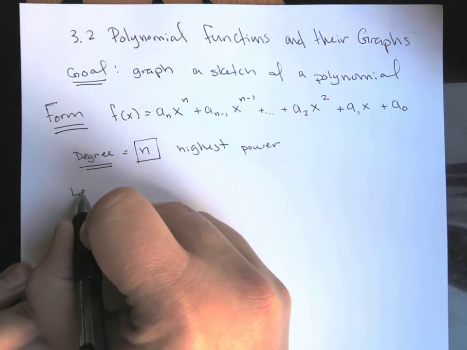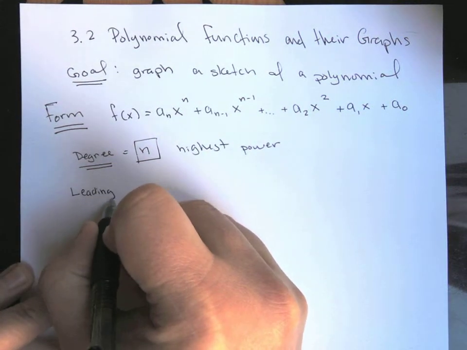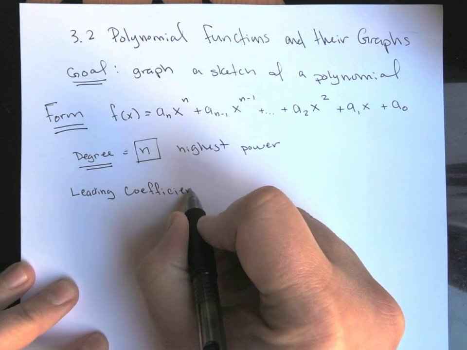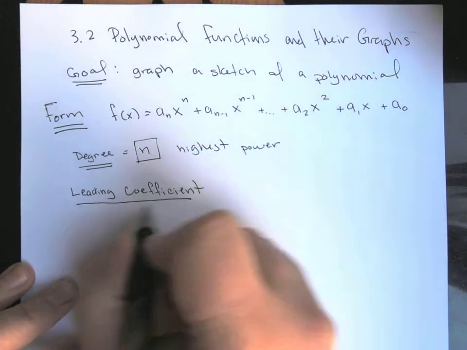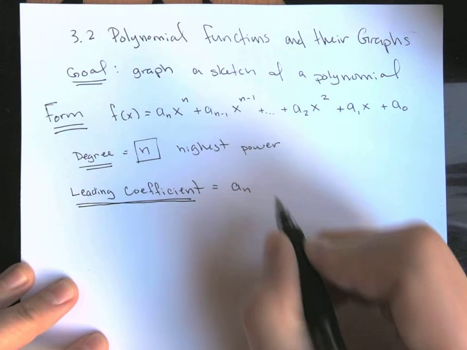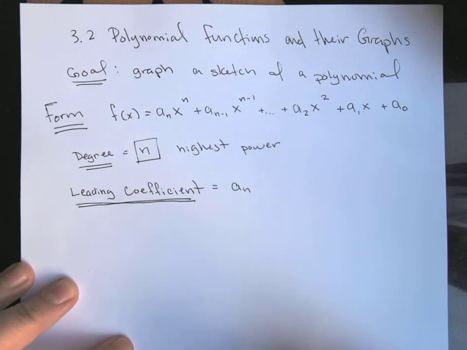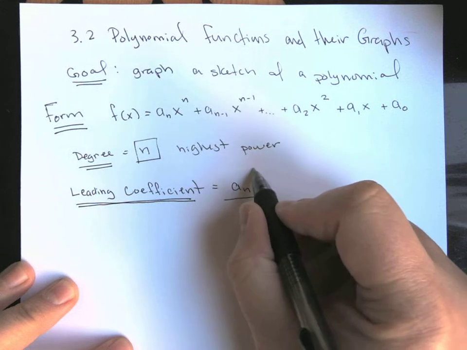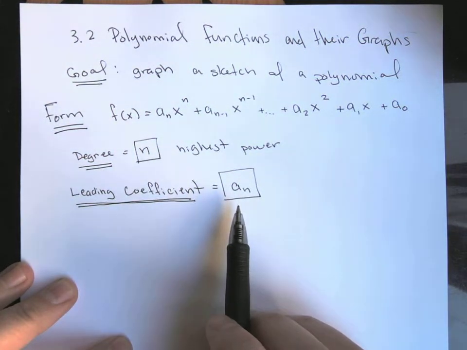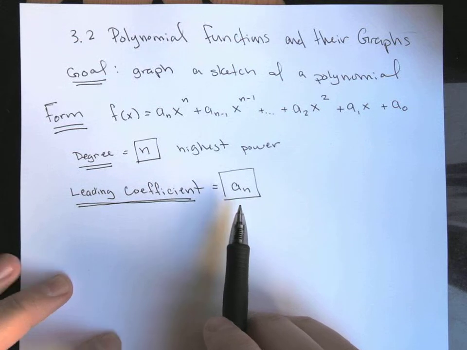What we call the leading coefficient is going to be whatever this number a sub n is on our first term. So whatever our highest term is, the leading coefficient is the number in front.